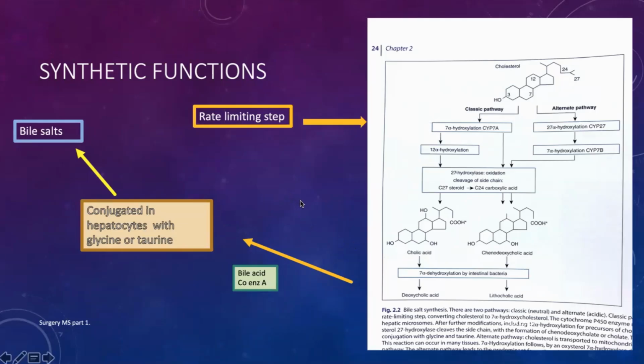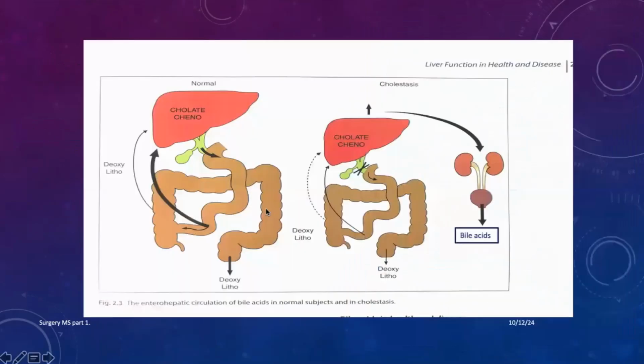So once these bile salts are produced, most of them will be excreted in the urine, or else in the feces. So that is how we get the color of urine or the feces color. So let's see what happens in normal physiology. There is enterohepatic circulation of bile acids in normal subjects, and what happens in cholestasis.